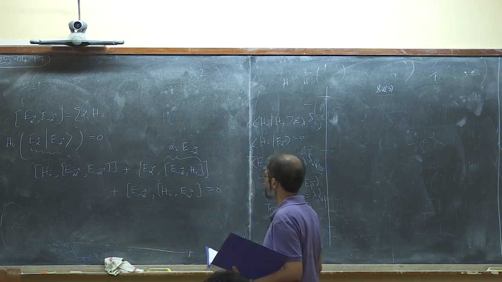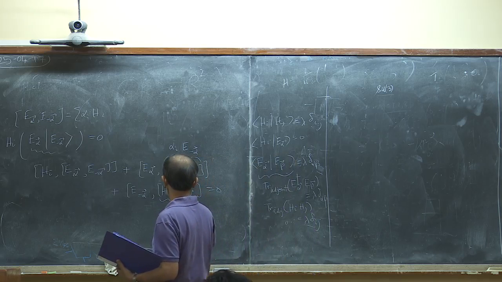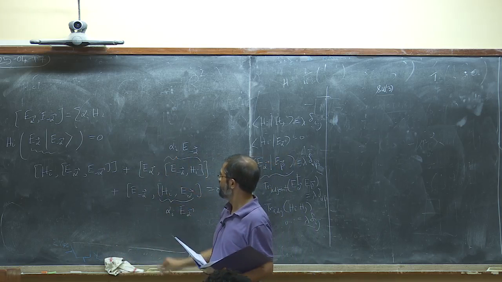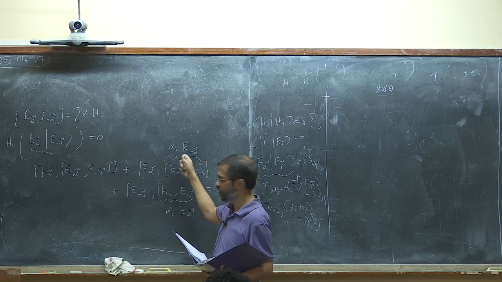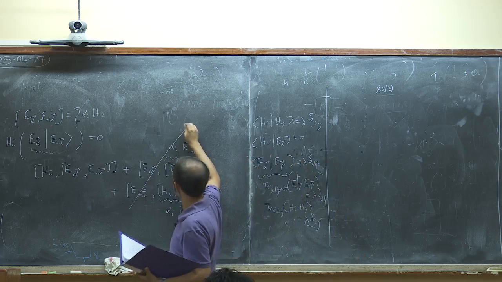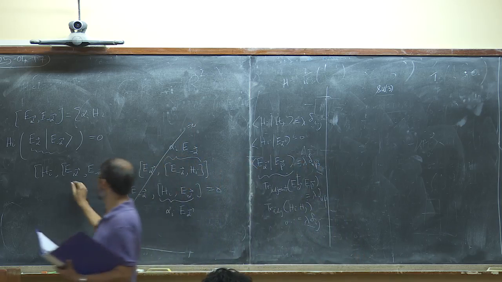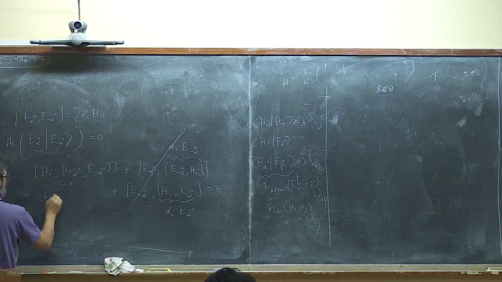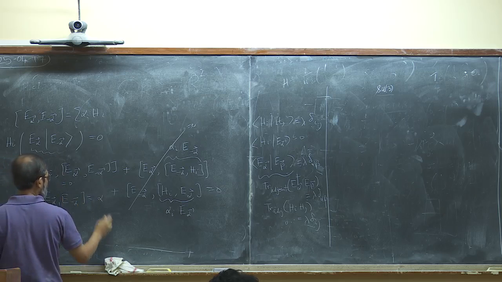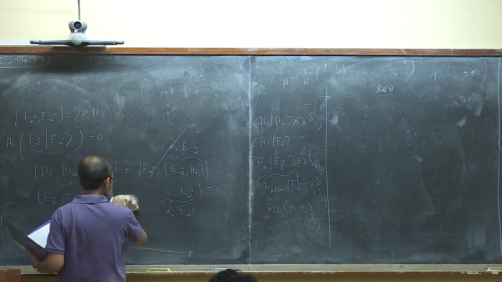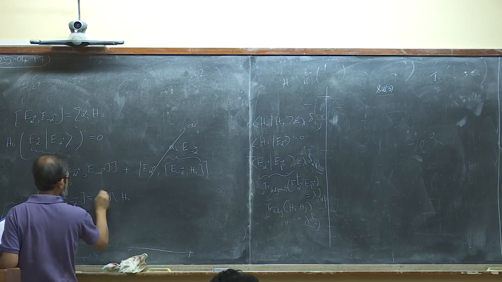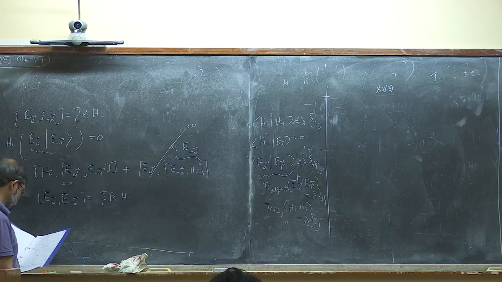And this animal is alpha I E alpha. So the alpha has come out of the commutator. So first you have the E alpha E minus alpha combination, and then you have E minus alpha E alpha combination, so that this cancels out. So that's equal to 0. Therefore this equals 0. So therefore E alpha E minus alpha, this combination, is some linear combination, so it has to be of the form some beta I Hi.